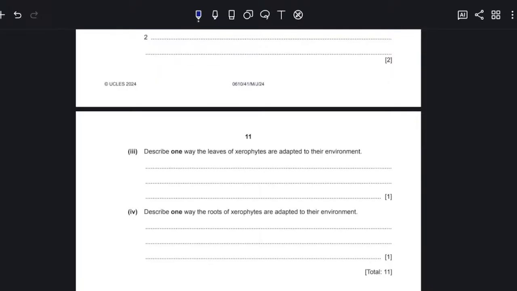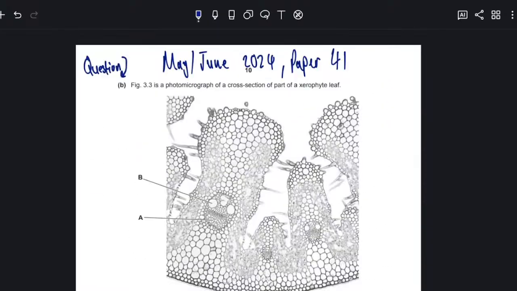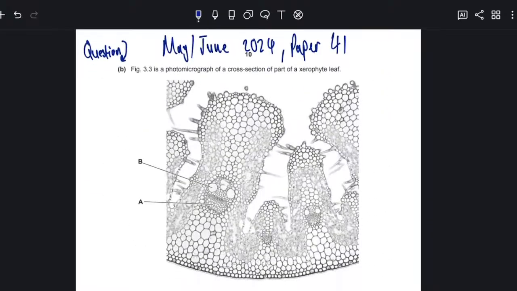Is it paper 41? Yes. May, June 2024, guys. And we are doing paper 41. Okay? Let's go for it. May, June 2024. We are doing paper 41. Let's see how it goes.